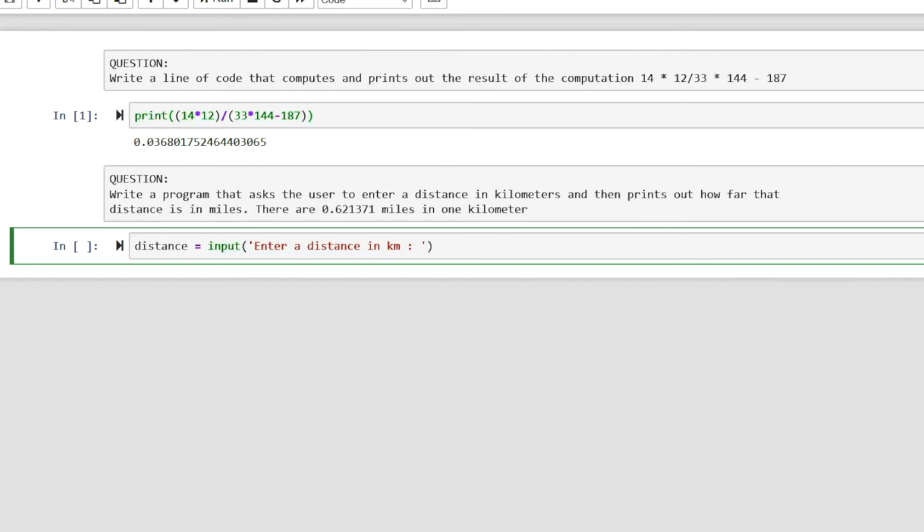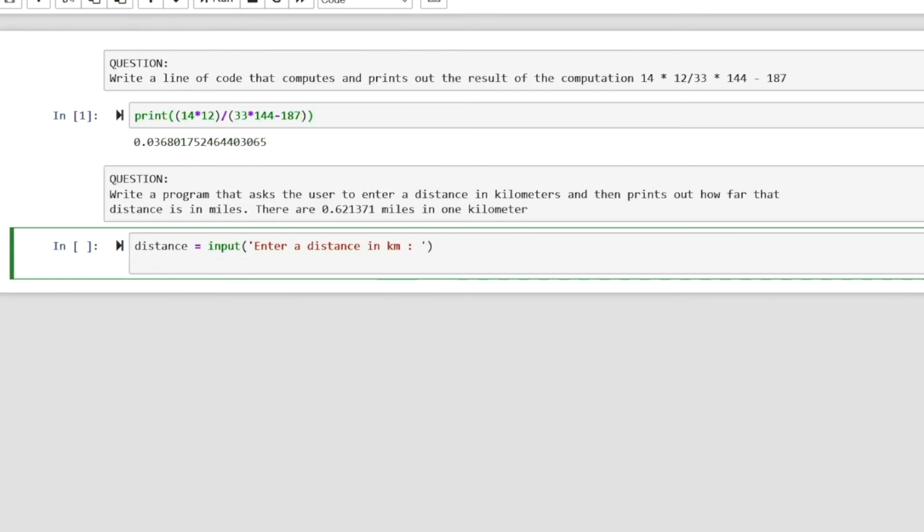Okay, and we are going to write down the print what we already talked about in our previous question. We can do the basic math calculation inside a print, and also we can combine the string and the calculation in the print.